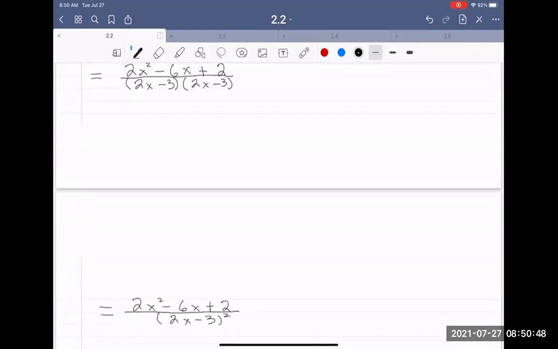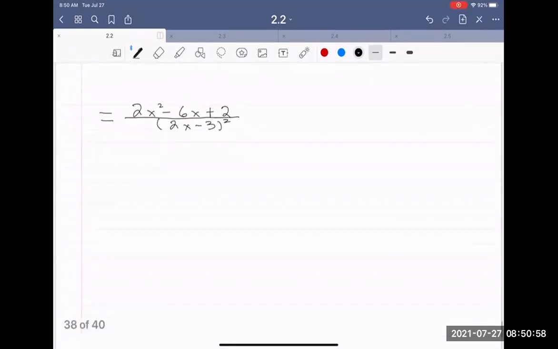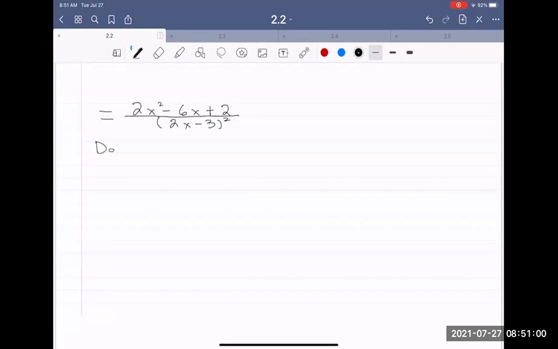So my derivative has the form 2x squared minus 6x plus 2 divided by 2x minus 3 squared. Note the domain. Maybe I should even write it this way: f prime is equal to 2x squared minus 6x plus 2 over 2x minus 3 squared.